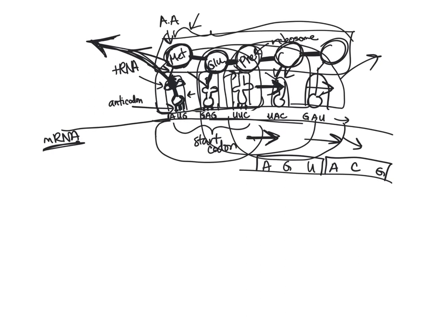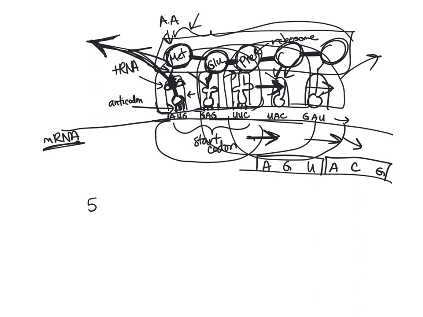So know, though, that not all of the mRNA is going to get translated. So remember, we have these untranslated regions. We have the 5' cap, which is not translated. We have the 3' poly A tail that's untranslated.